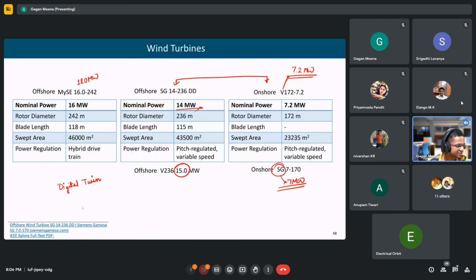I forgot to mention one thing. We now also have solar and wind hybrid plants. Recently, Adani Green Energy has come up with a 600 megawatt solar and wind hybrid plant in Jaisalmer. Solar is mostly available during the daytime only, and wind is mostly available around midnight.